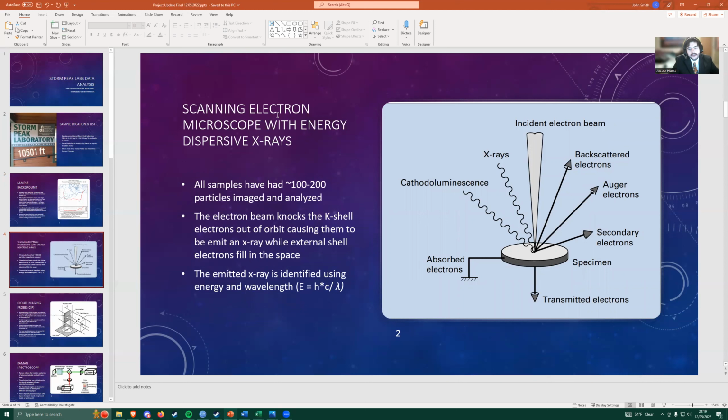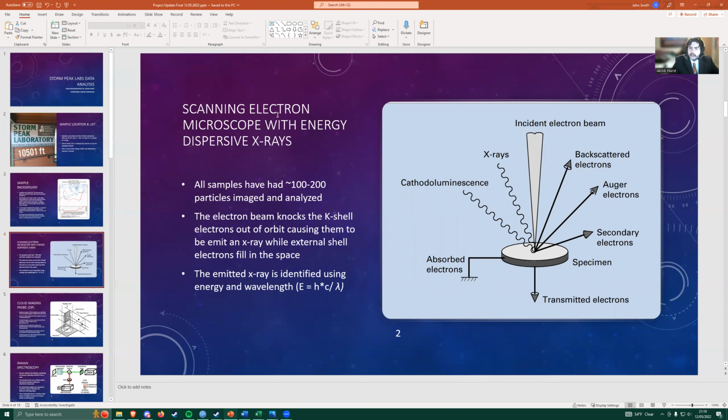Our TEM grids had significantly less particles, and they were not handled as delicately as they should have been. Considering we've never used TEM grids before, this was kind of a test. So they did have some damage, the cells were damaged inside a lot of them, so I could not find 100 particles on them.